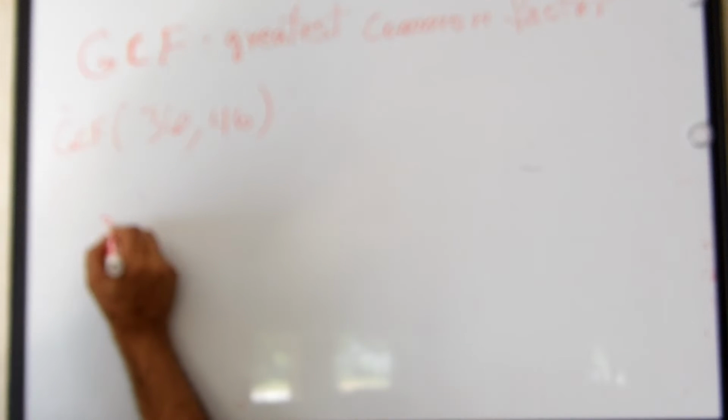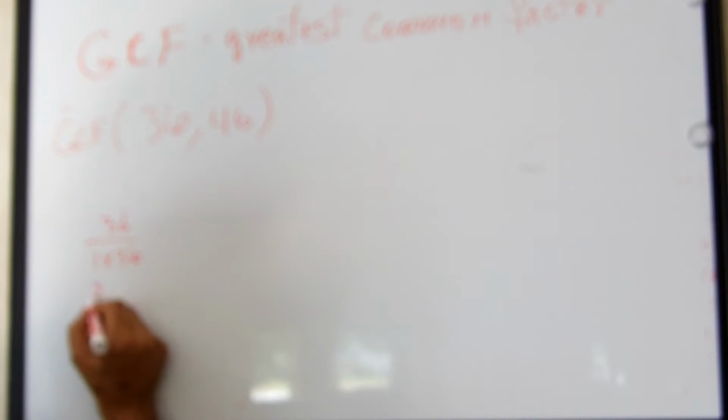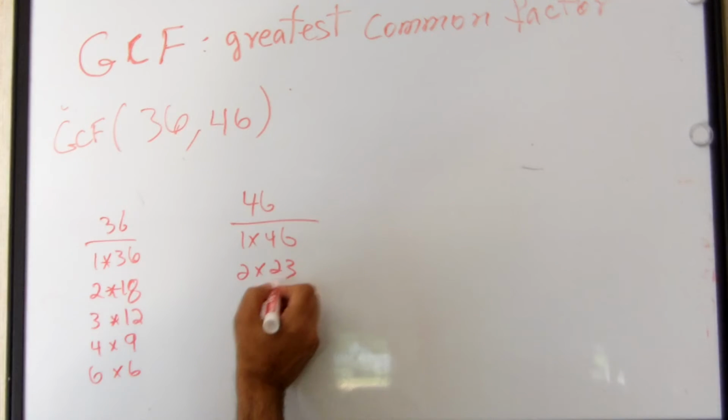GCF of 36: we say 1 times 36, divided by 2 is 2 times 18, divided by 3 is going to be 3 times 12. Divided by 4 is going to be 9. Divided by 5 we cannot do. Divided by 6 is going to be 6. For 46, it's going to be 1 times 46, divided by 2 is 2 times 23.